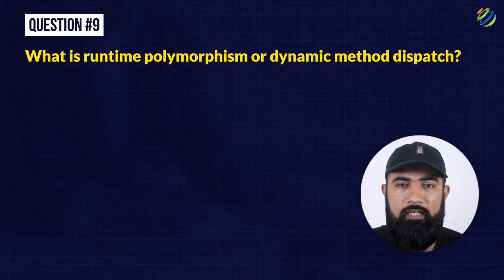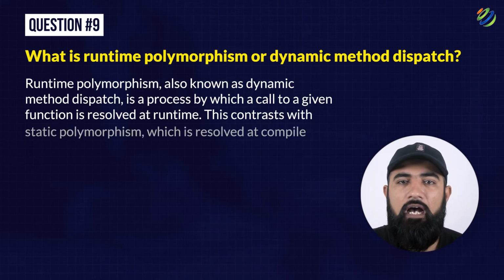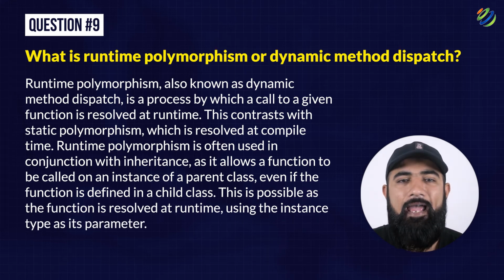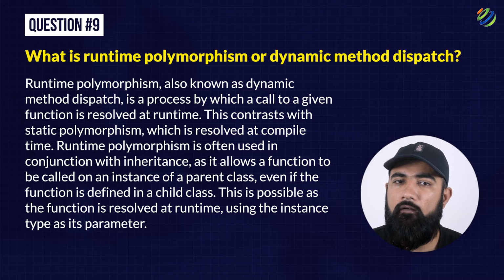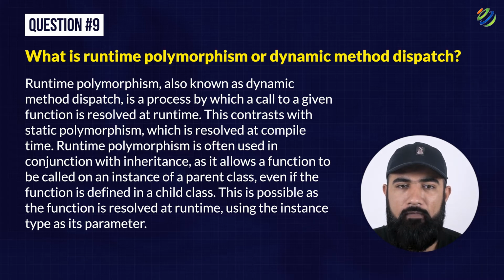Number 9. What is runtime polymorphism or dynamic method dispatch? Well, runtime polymorphism, also known as dynamic method dispatch, is a process by which a call to a given function is resolved at runtime. This contrasts with static polymorphism, which is resolved at compile time.